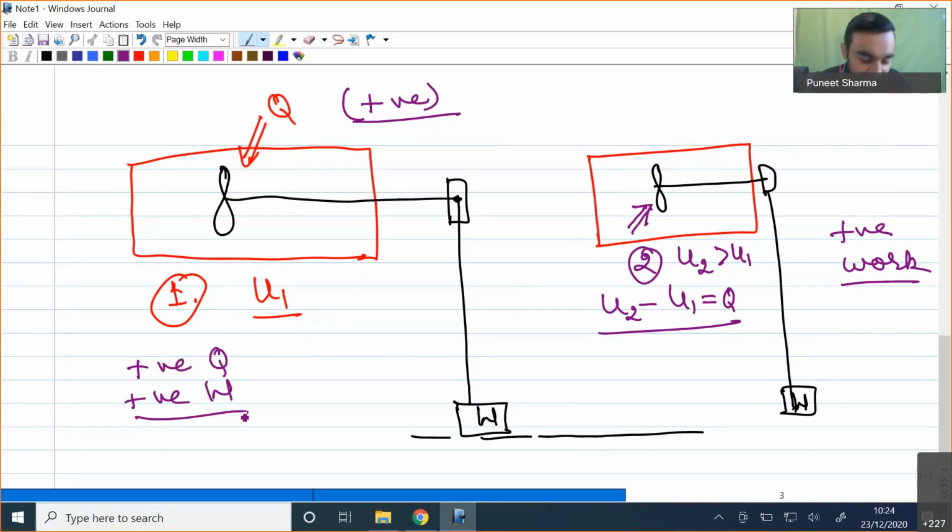From the previous slide, we saw that we were able to operate the system in a cyclic manner by having negative heat and negative work interaction. However, if we try to have positive work and positive heat interaction, we cannot operate our thermodynamic system in a cyclic manner. That is the limitation of the first law of thermodynamics.